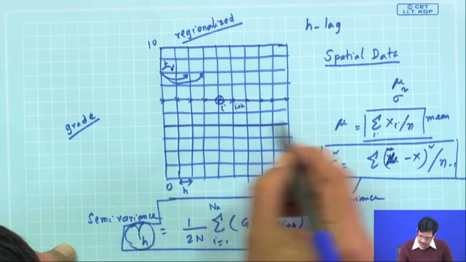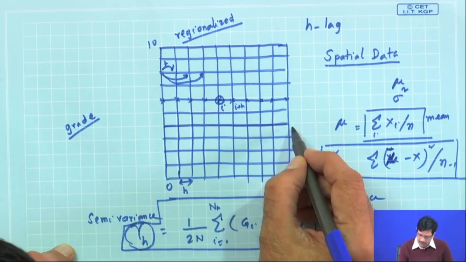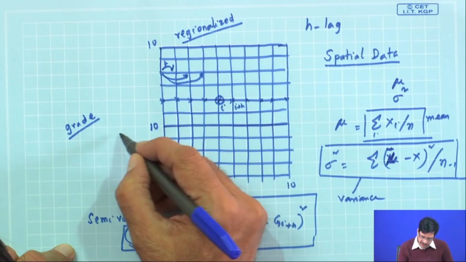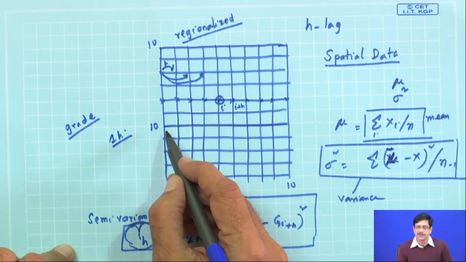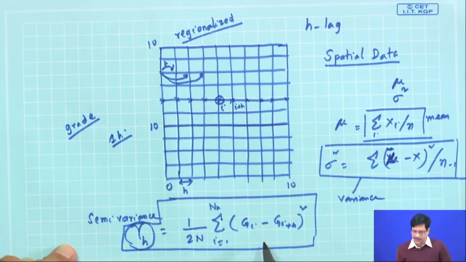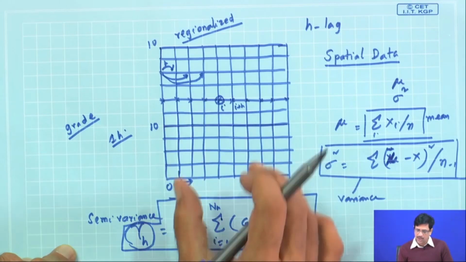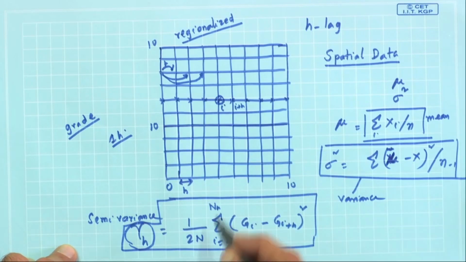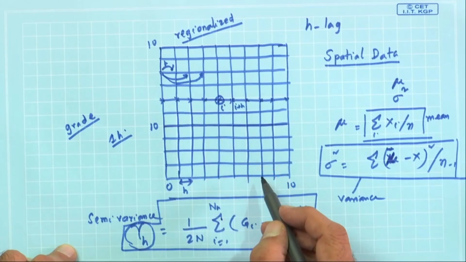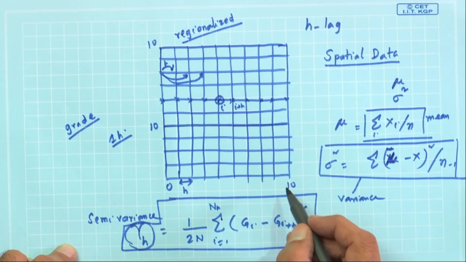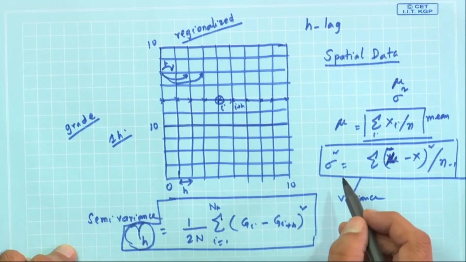If there are 10 points with 1 h separation, I will get 9 pairs of such points for which I can calculate g i minus g i plus h squared, divided by 2 n, where n is the total number of points minus h, and the summation is over i equals 1 to n h. That means when the lag is 1 there will be 9 points, when the lag is 2 there will be 8 points, when the lag is 3 there will be 7 points, and so on.